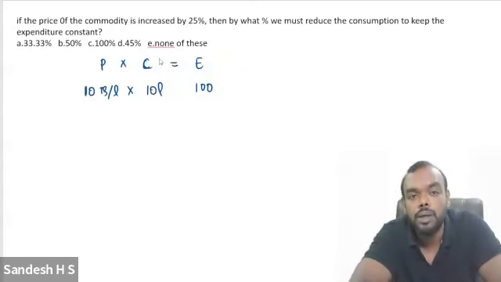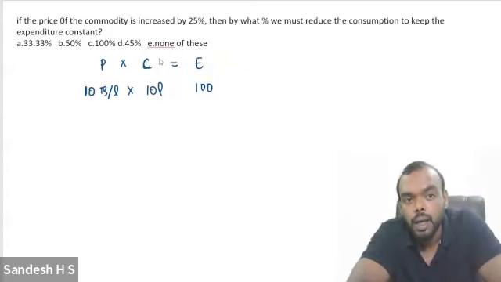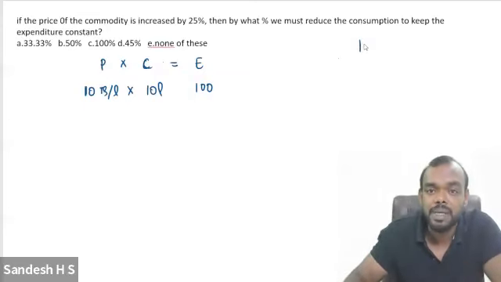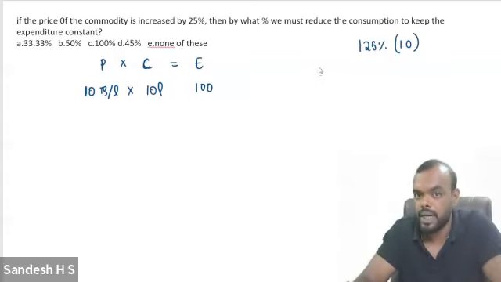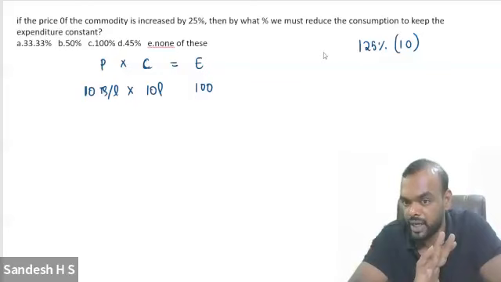Now he told us the price of the commodity is increased by 25%. Increased by 25% means that it becomes 125% of the original price, that is 10. Right? 10 is 100% of 10.